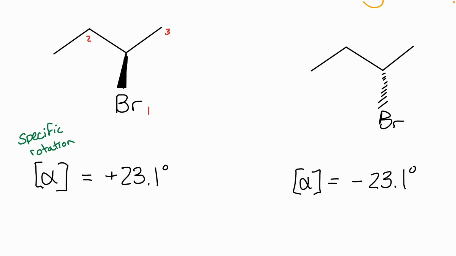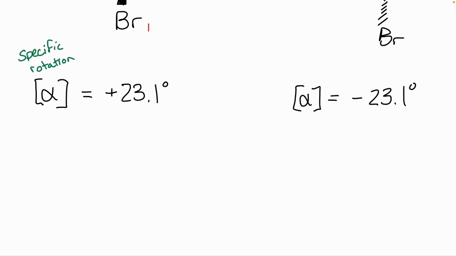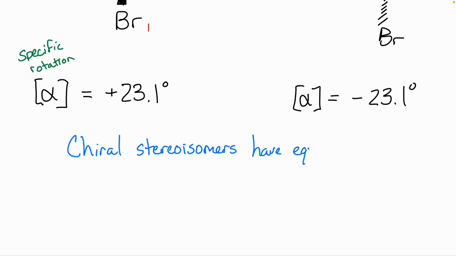It rotates it the other direction. Okay, so chiral stereoisomers have equal but opposite specific rotations.